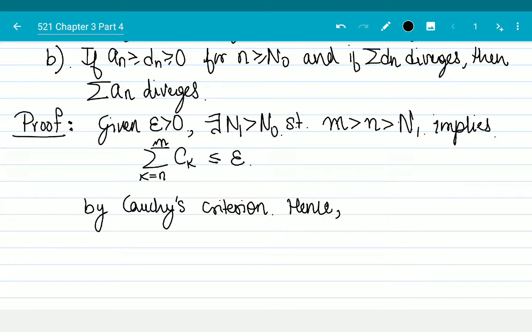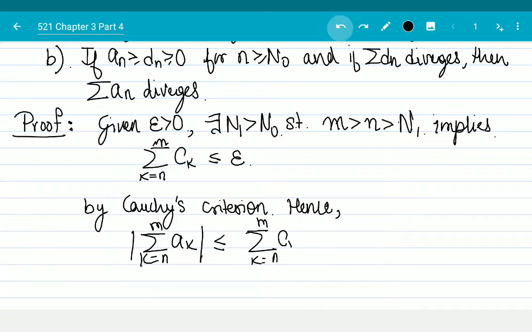In that case, I get that the absolute value of summation ak from n to m is, by triangle inequality, smaller than or equal to summation of the absolute values of ak, which is smaller than or equal to summation k equal to n to m of ck, which is smaller than or equal to epsilon.